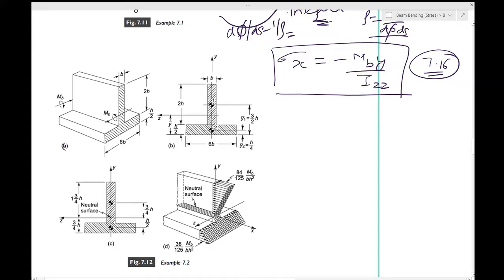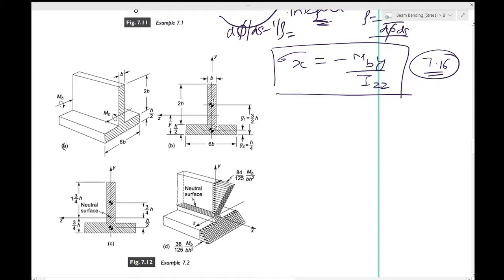Okay, so in figure 7.12b, we want to show that we consider the beam to be made up of a rectangle 1. This is rectangle 1 from here to here, and this is rectangle 2.